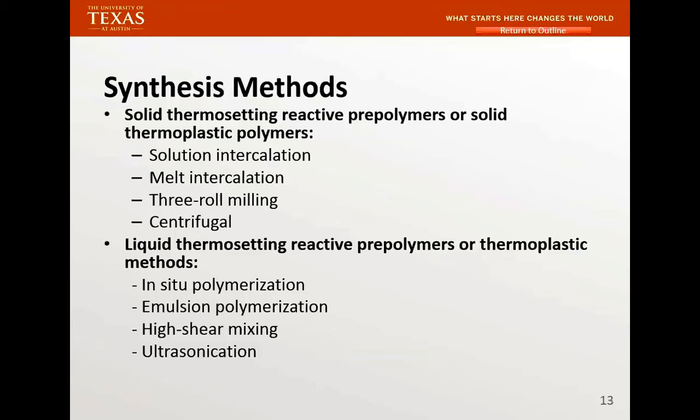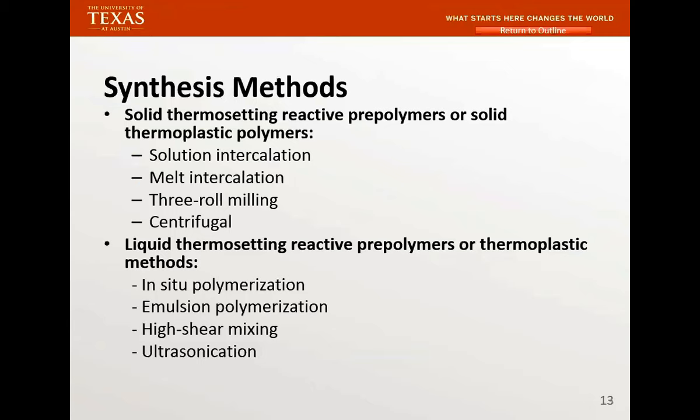Solution intercalation is mostly a chemist technique. They will do synthesis. Melt intercalation is also possible, you could do melt compounding. Pre-roll milling, centrifugal, those are different types of technique we encounter in the community.